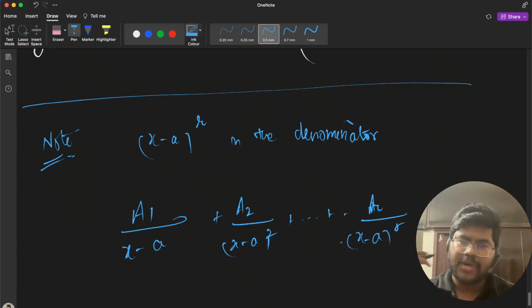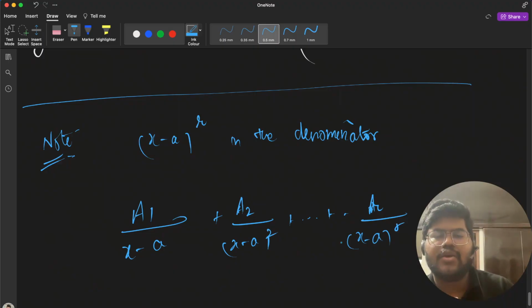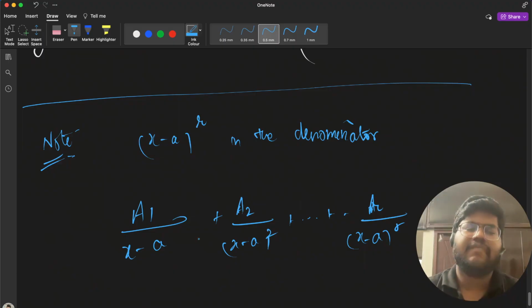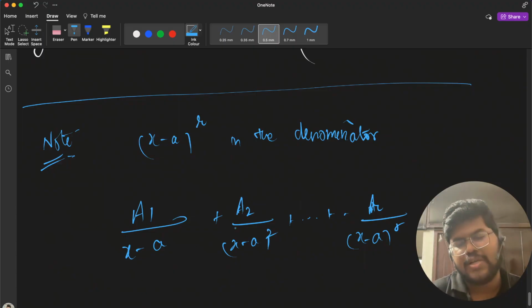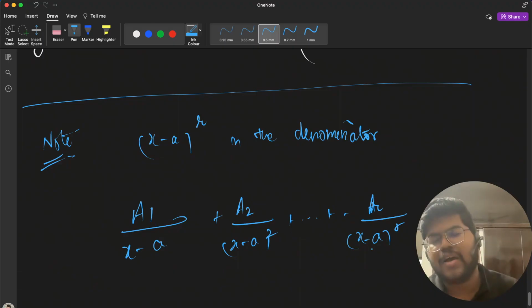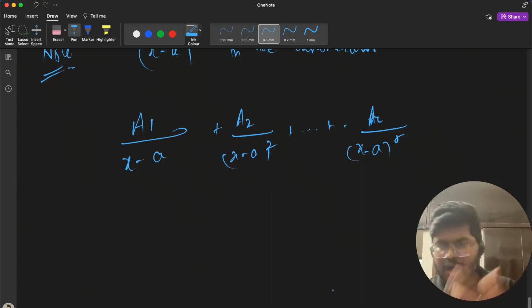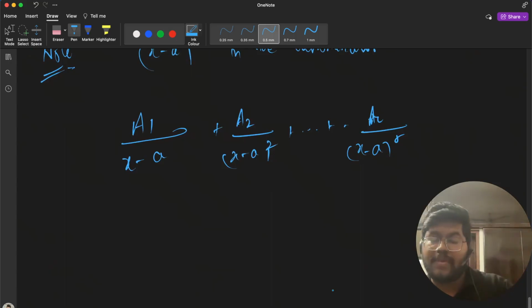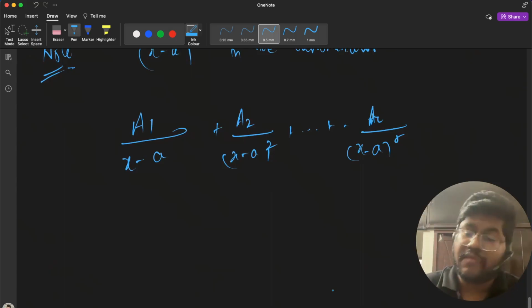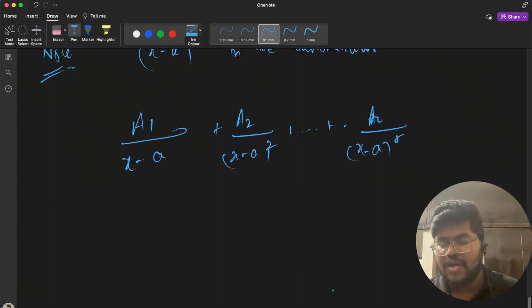So whenever we have repeated factors in the form of an r power in the denominator, we must write it as a1 upon x minus a plus a2 upon (x minus a) square, up to the highest power ar upon (x minus a) raised to power r, and the rest of the terms, which are non-repeated linear factors, can be written in the further sequence as well, right? So make sure to apply that, right?